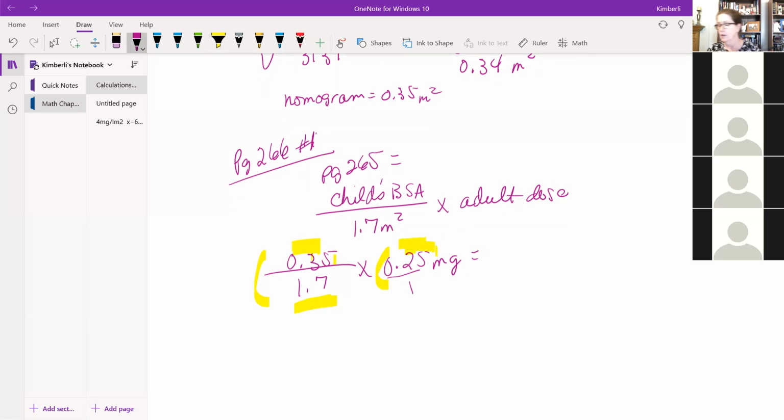Okay, so let me plug it in my calculator. I'm going to do the 0.35 divided by the 1.7 first, hit equal, and then times 0.25. What do we get? 0.05.